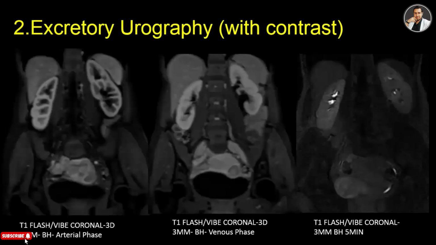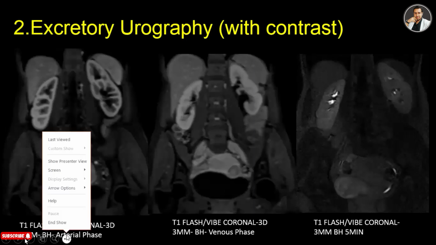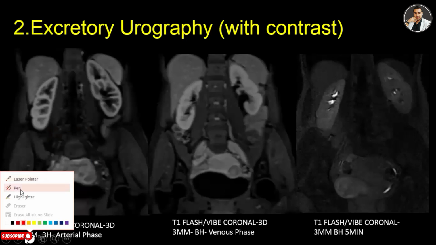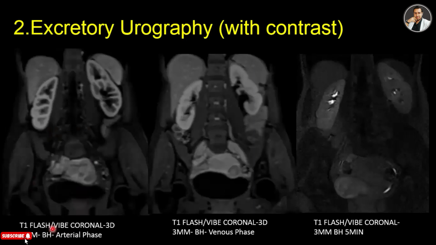So let's look at the excretory urography images. The first image on the left side is the T1 flash Vibe coronal 3D, and it's an arterial phase. In this image, you can see that the renal cortex is enhanced.